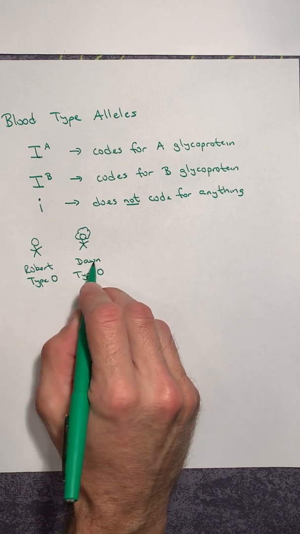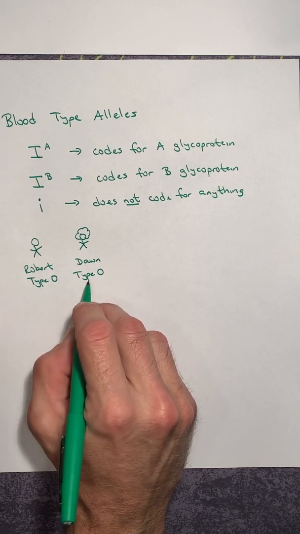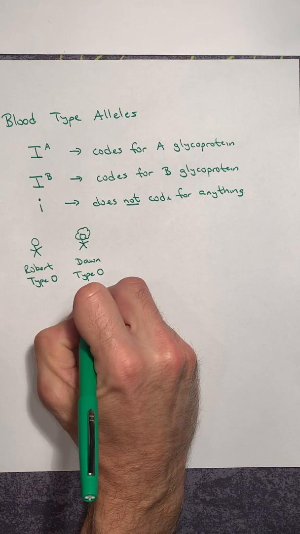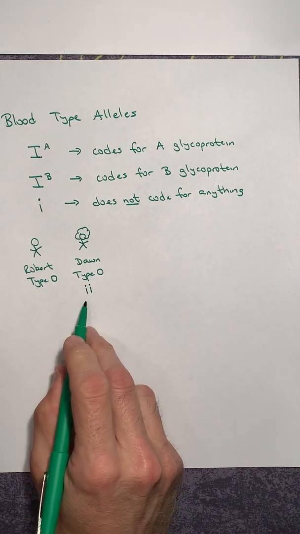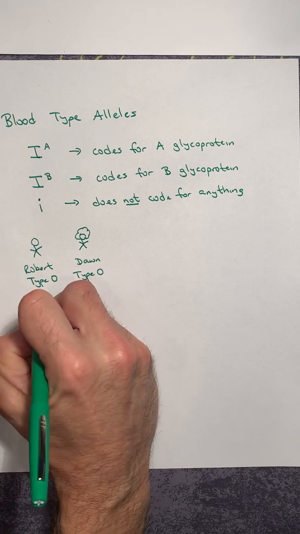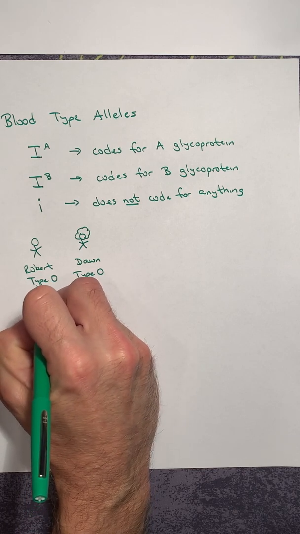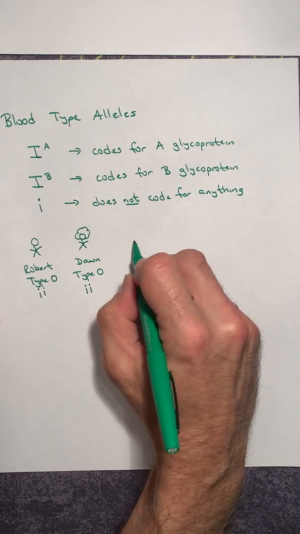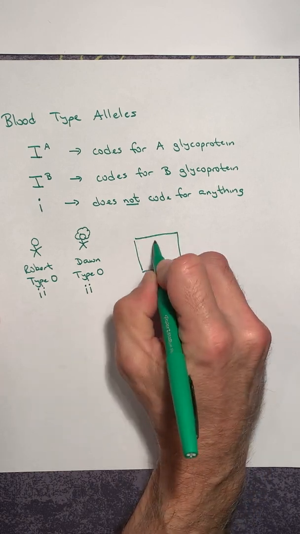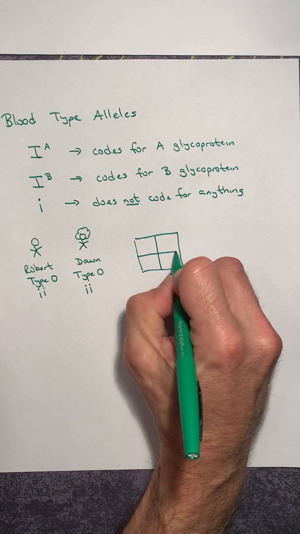So, Dawn, her phenotype is type O. Her genotype is little i, little i. I have the same blood type. I have the same genotype. Little i, little i. So, when you look at our Punnett square, it's not that exciting.